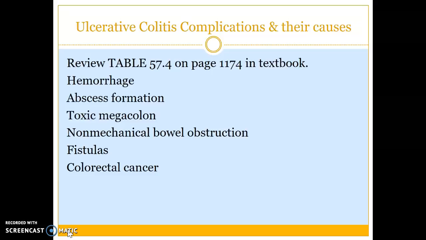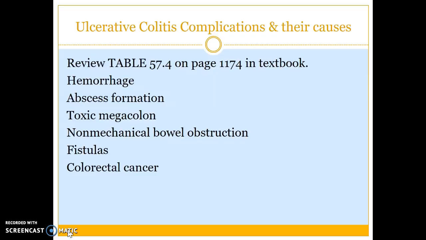Some of the key things that you see with UC are hemorrhage can occur, if they have quite a bit of bleeding. They can form abscesses or pockets of infection in the colon. Again, toxic megacolon. They can have non-mechanical bowel obstruction, meaning that the bowels just in one area don't move or don't have any mobility because of the complications.